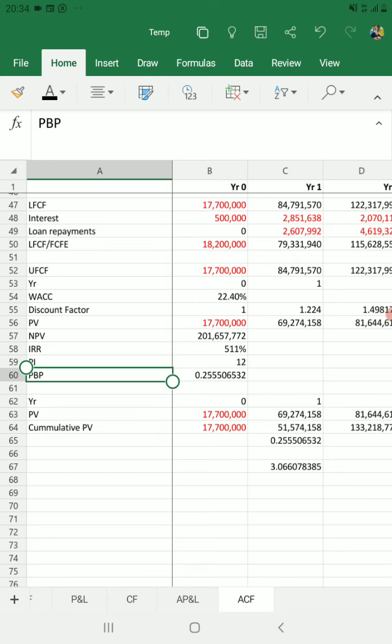So those were our metrics that were computed, and we said that these metrics are not plausible because they are out of sync with the normal or expected business pattern. Okay, they are too huge.